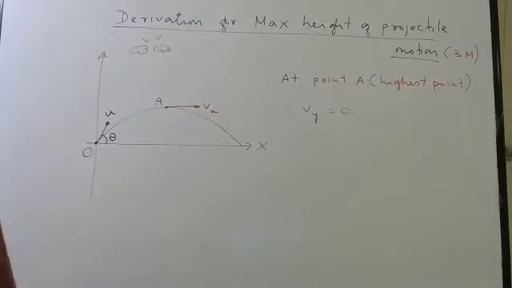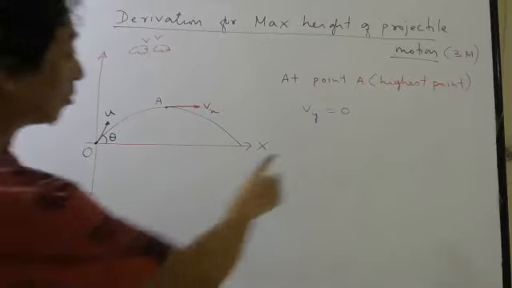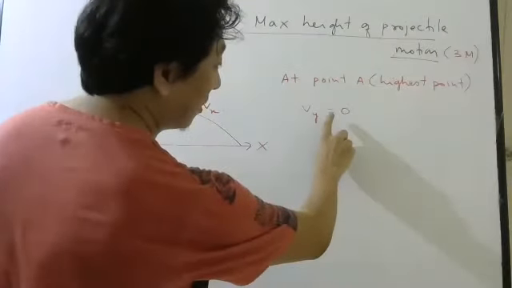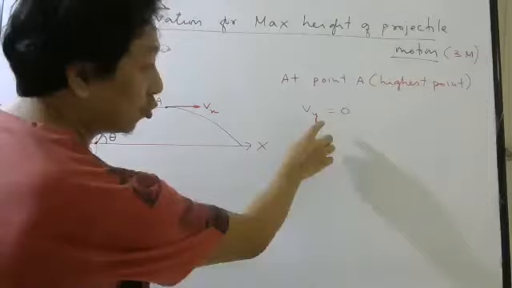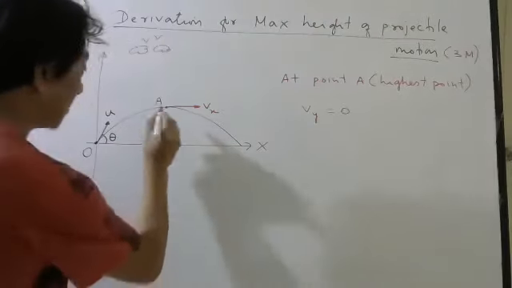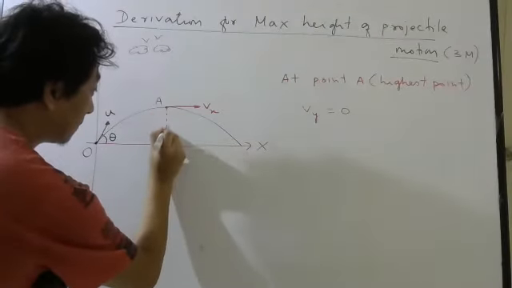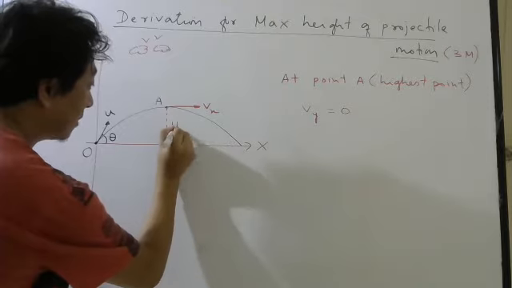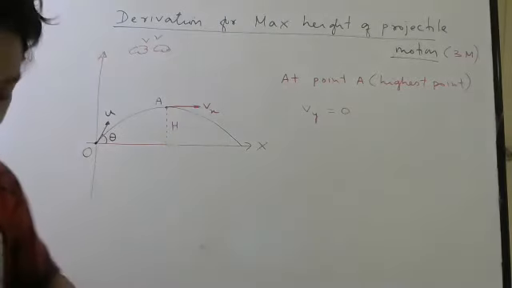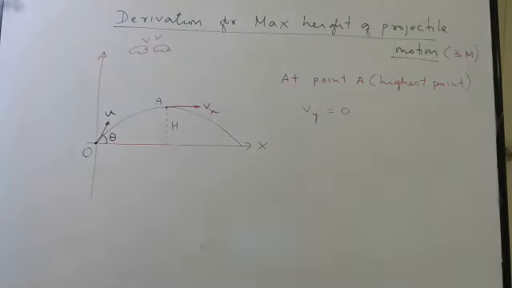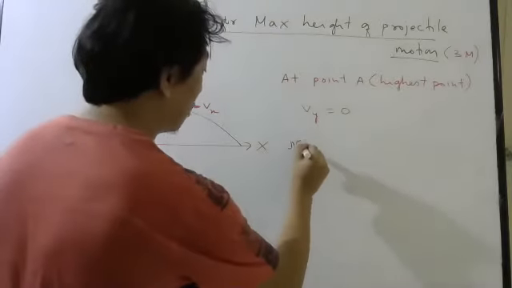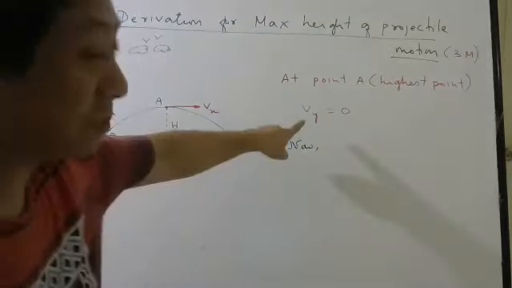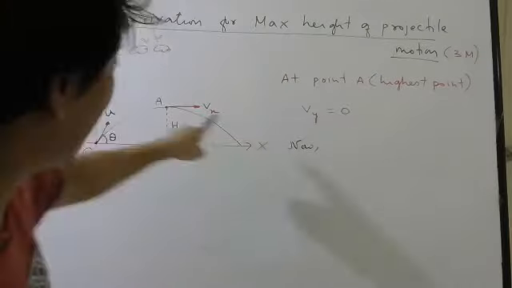Okay. So what we are going to do is use this relation, this data. We know this. So we are going to use this to find this height. This is your maximum height. Now, which formula will we use? Remember students, we know Vy is 0 when it reaches here.